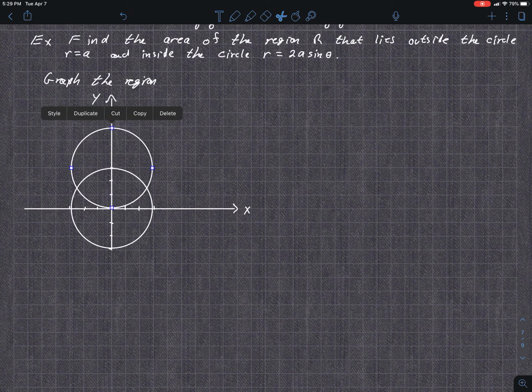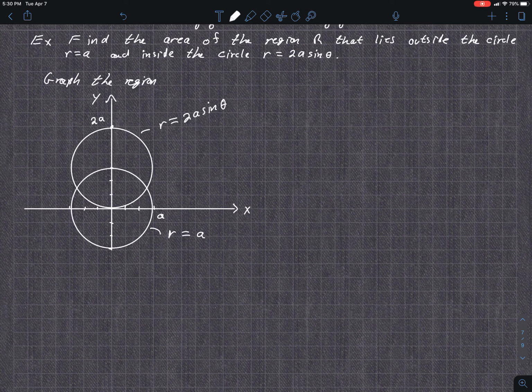Going to copy that and then paste it, so redraw the circle. Basically, it looks like that. So the top one then is r equals 2a sine theta, and of course, this one is your r equals a.